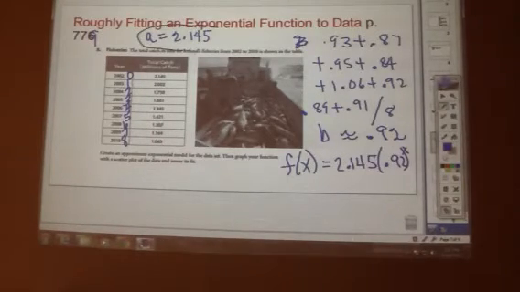Here is A. What did Ben do next? Pick any point. So that was the first one. So pick one for me, Creed. 3, 1.661. So we picked 3 and 1.661, and he still has A as 2.145.